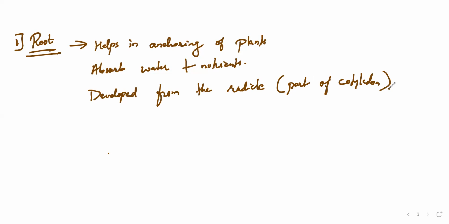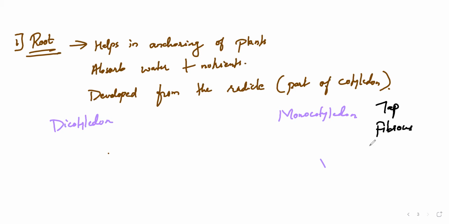Okay. So before going into the exact regions of the root, let's see how the root system is modified in case of dicotyledon and monocotyledon. Okay, so here now basic three types of root system is present. Okay, that is tap root system, fibrous, and adventitious.